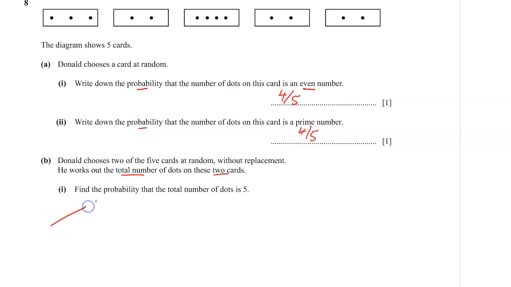The first card has got 3 out of 5 probability for 2 dots.